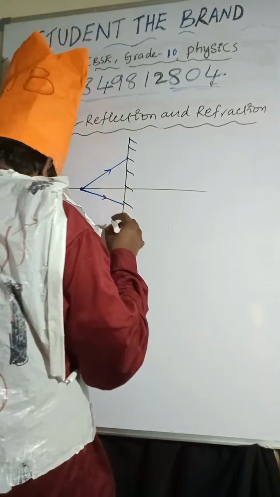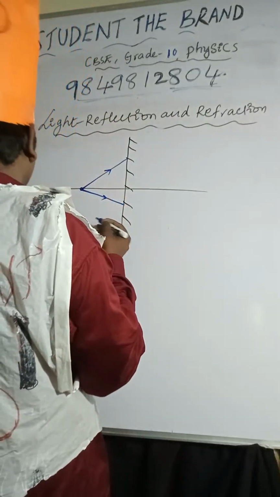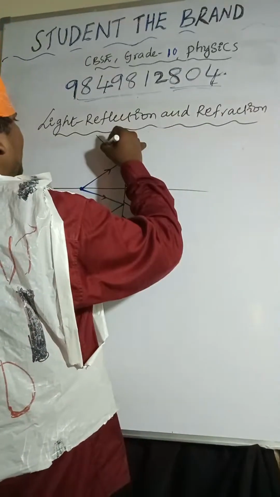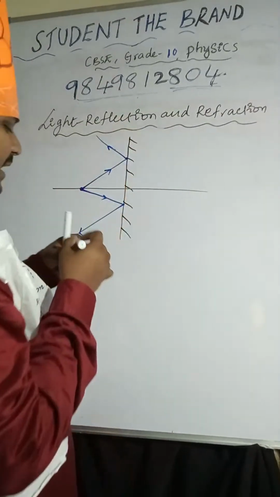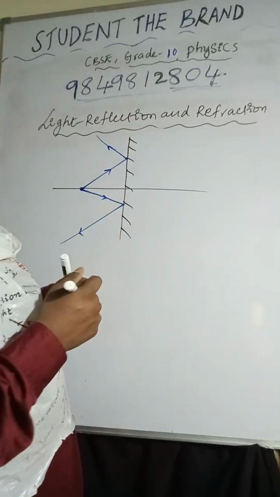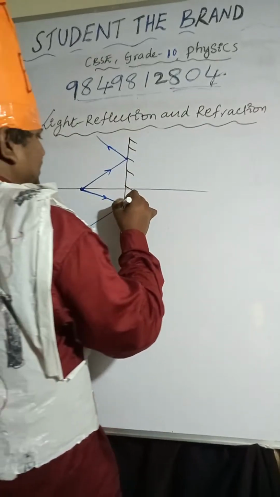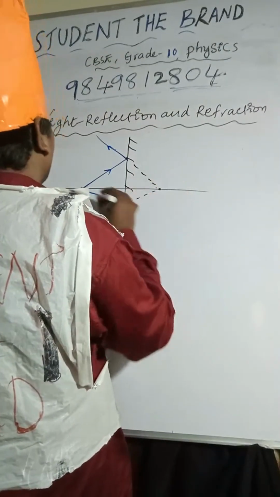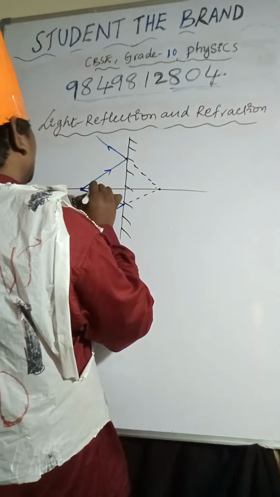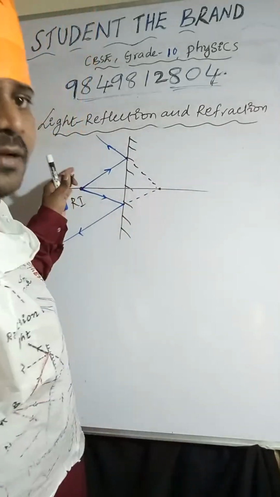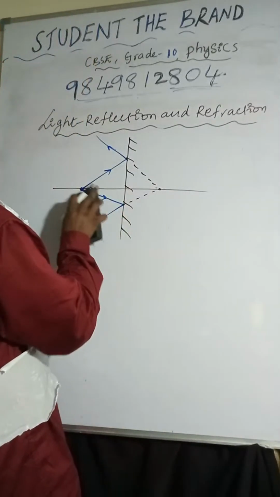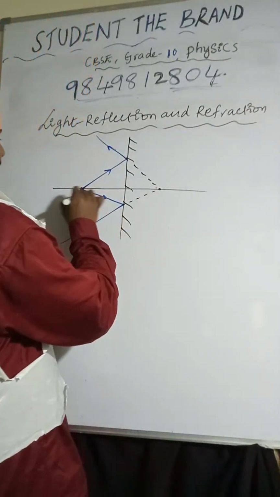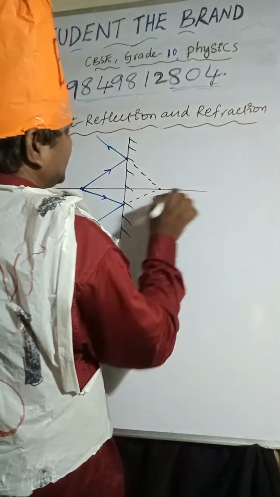After reflection, those light rays are moving away from each other. If you extend these light rays, they meet at one point here. This is a real object, and this is a virtual image.